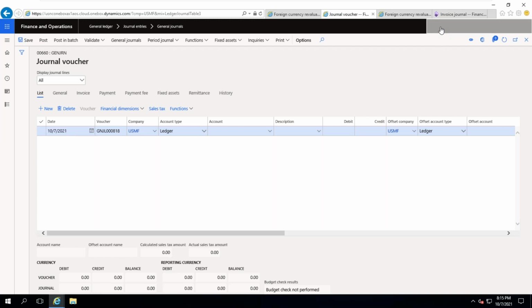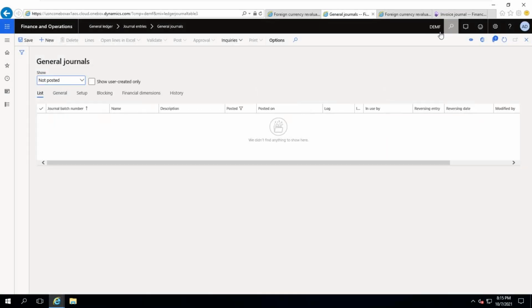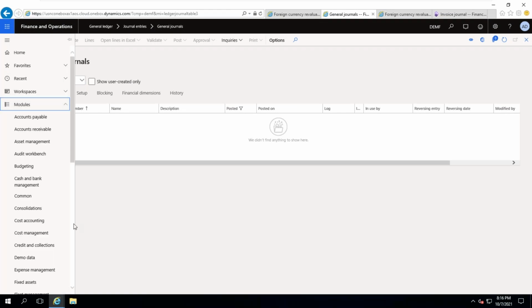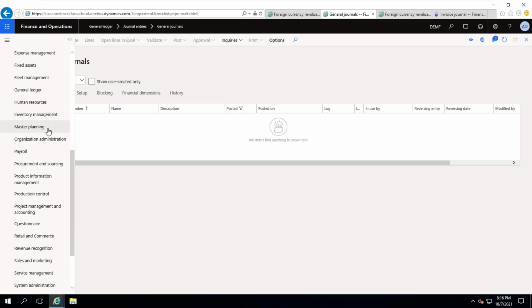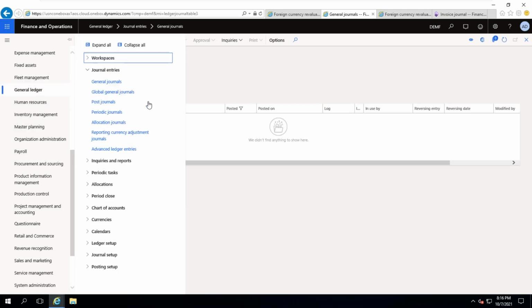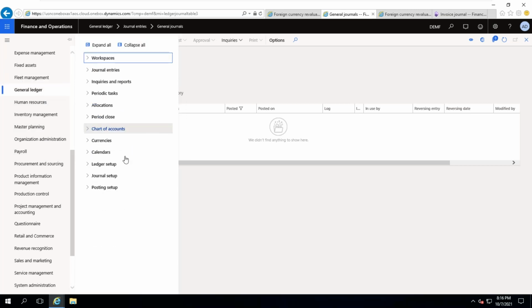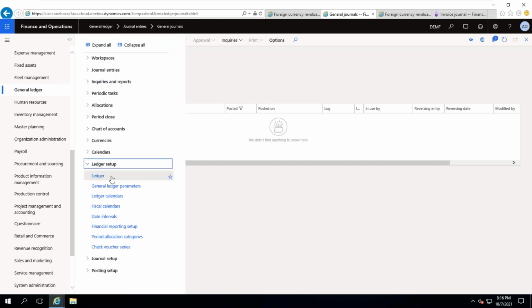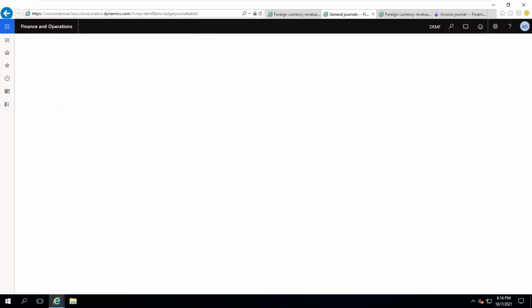Suppose I go to the DEMF company. DEMF means it is a Germany company. For this Germany company, what is the accounting currency and what is the reporting currency? Let me show you. General ledger setup. We know these currencies.